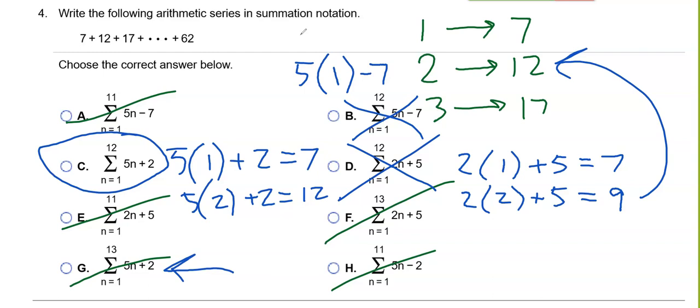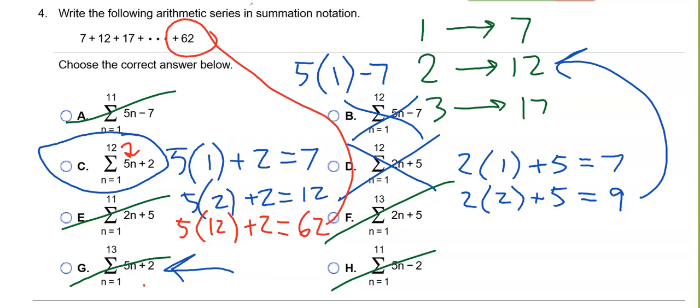Now, here's an interesting strategy. What if you plug in a 12? What is 5 times 12 plus 2? Well, guess what? That's 62.